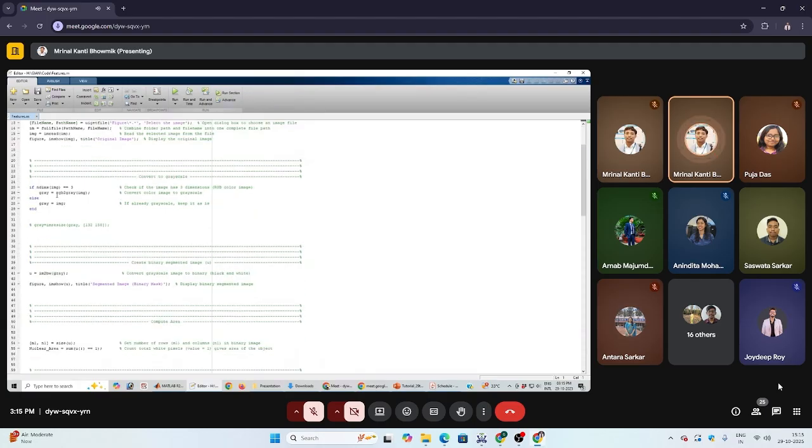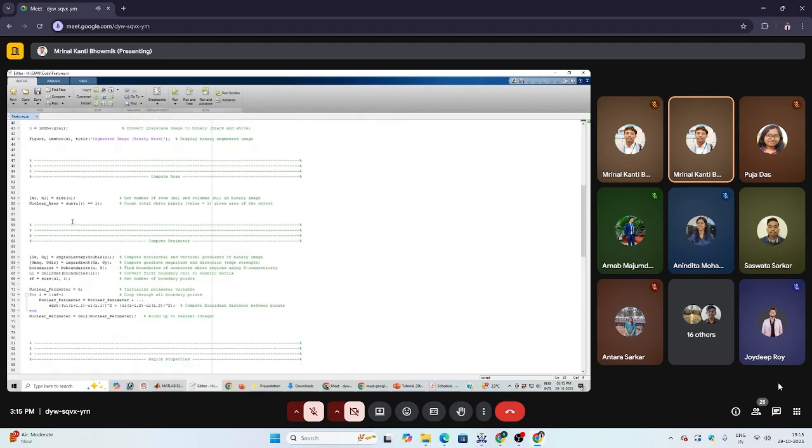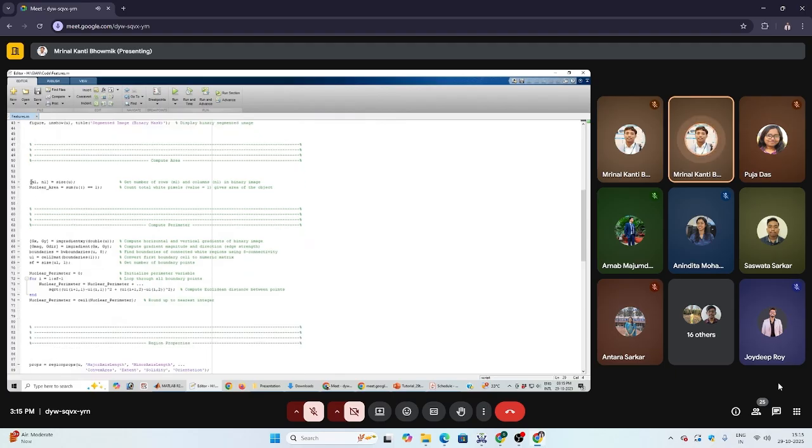Now, if this image is in RGB format, then we have to convert it into gray. If it is already gray, then we keep it as it is. And then using this command, we can convert the grayscale image into a binary image. Then from here we can get the number of rows and columns, that is the dimension of the image.